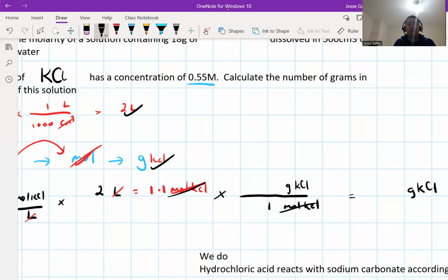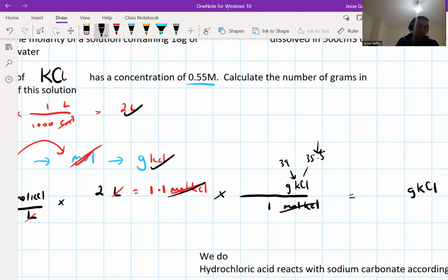How many grams of KCl do we have? Okay, so here, the mass of potassium is 39, mass of chlorine is 35.5. So your number might have been slightly different from mine if you were using just the rounded number of 35 or 36 for chlorine. I'm using 35.5 because that's the number in the log tables.